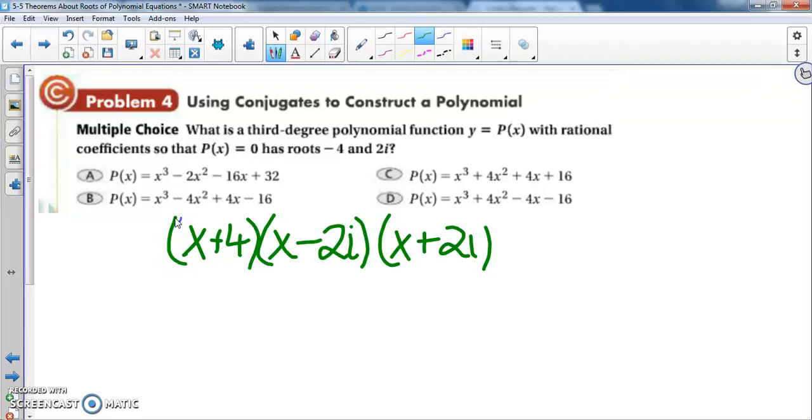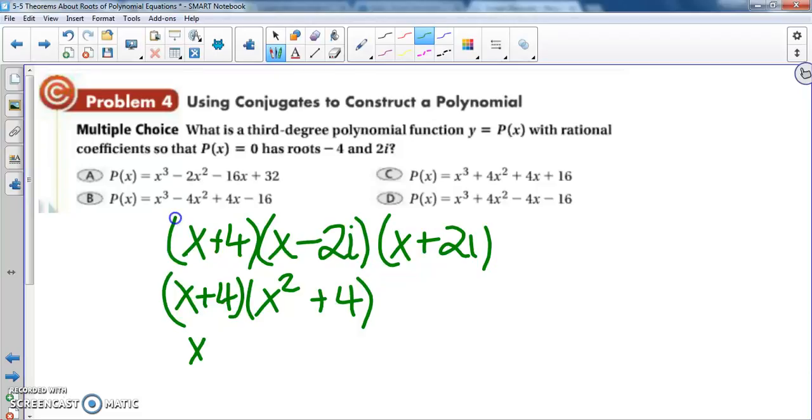And we are going to multiply the complex conjugates. x squared plus 4, and then multiply again and get x cubed plus 4x plus 4x squared plus 16.